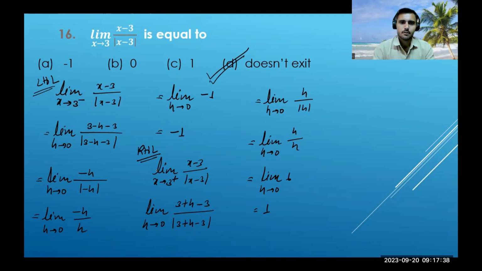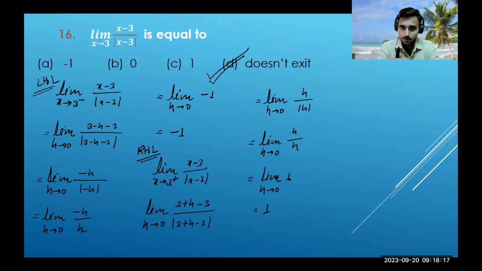So whenever we have a 'limit does not exist' option, we need to check LHL and RHL, right? And there is a difference between the limit does not exist and the value of the limit is infinity. It's totally different. If the value of the limit of any function is infinity, it means we have something, but if the limit does not exist, it means we don't have a limit, and RHL and LHL are not equal.